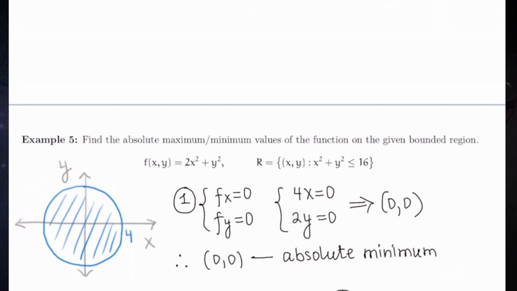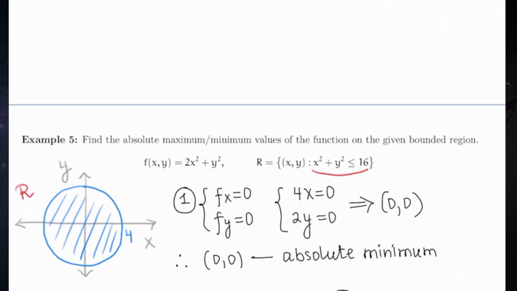The bounded region is defined by this inequality, x squared plus y squared less than or equal to 16. That's just the disk centered at the origin of radius 4, so everything inside the disk and also on the boundary. That's my R.